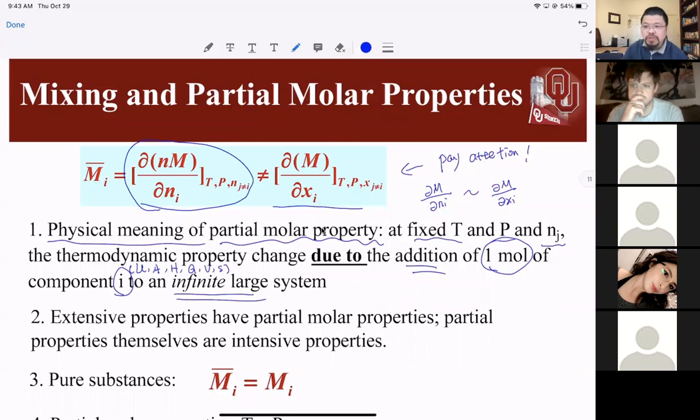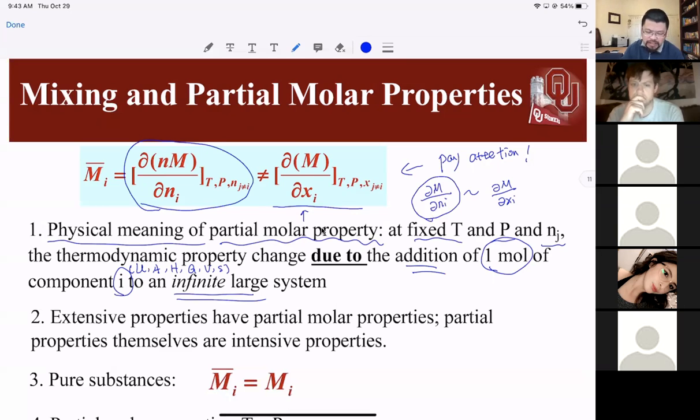Try to not use this one to define the partial molar property. If you look back on the previous slides, we never use the second equation to start any discussion on partial molar property. It's always dM over dni. It's always this equation for the partial molar property, and that's the starting equation or starting definition.